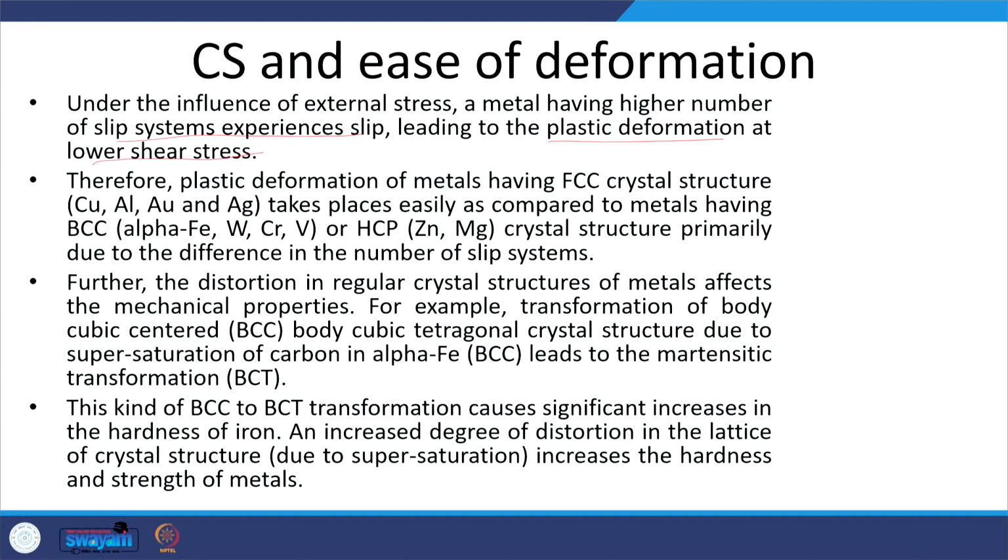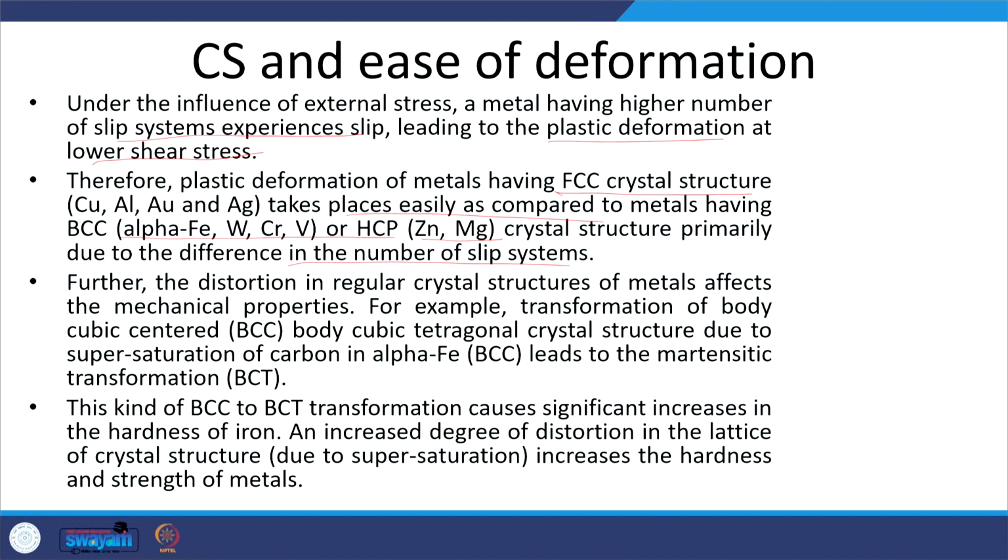So, the stress required to cause plastic deformation is reduced if the metal has a higher number of slip systems. Therefore, plastic deformation of metals having FCC crystal structures takes place in an easy manner as compared to metals having BCC or HCP crystal structures, primarily due to the difference in the number of slip systems.